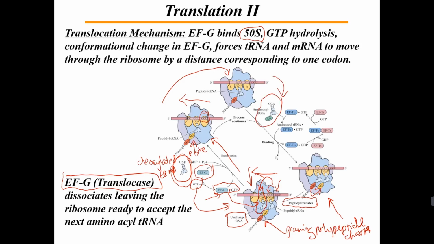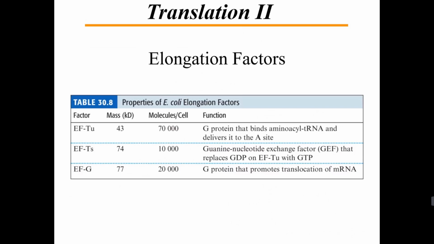If the correct base pairing occurs between the codon and anticodon, you get EF2 GTP hydrolysis. Finally, peptidyl transferase activity, and then translocation of the mRNAs and tRNAs in the ribosome.